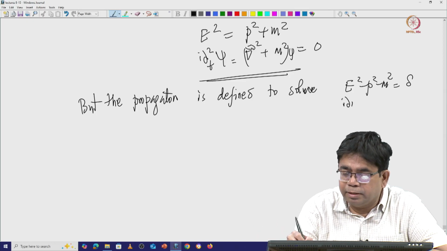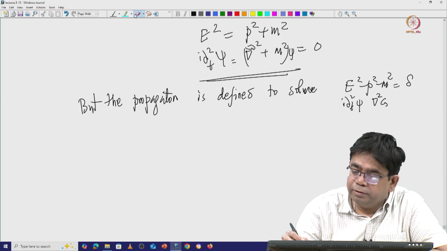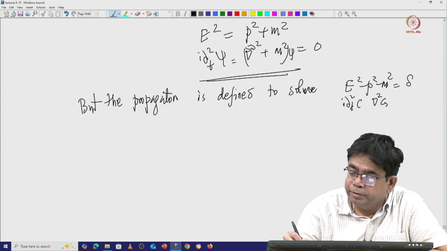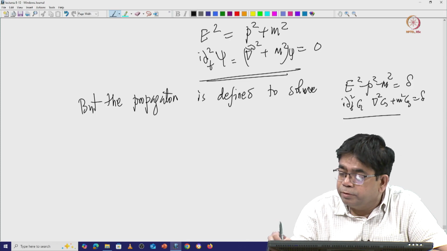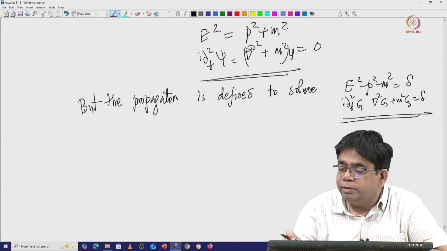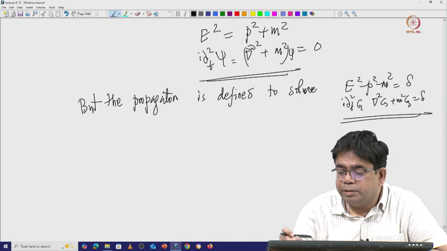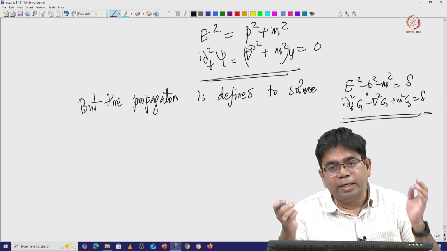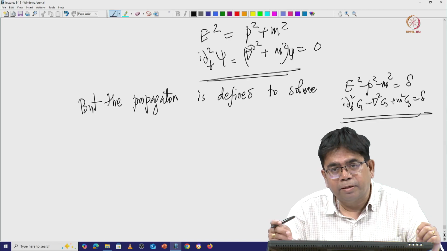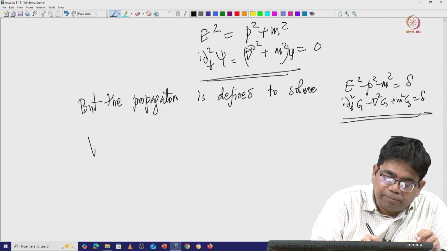So I put a delta in T here, and I put a G, Nabla square, M square, G equal to delta. This G need not satisfy E square equal to P square plus M square. So these particles do not have the exact mass and energy which satisfy relativistic particles. Such particles are called virtual particles.